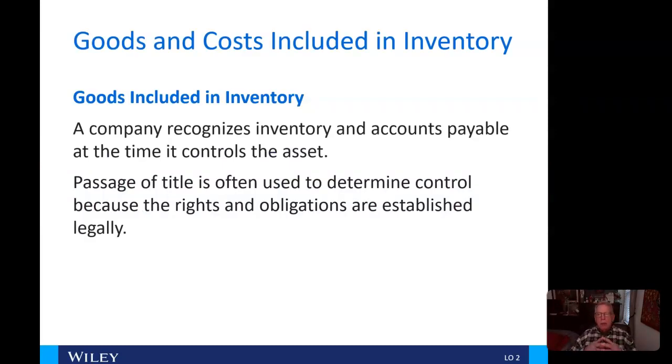Okay, let's determine the goods and costs included in inventory. What do we include in inventory? Of course, we're going to recognize inventory and accounts payable at the time it controls the assets. So passage of title is important in determining when you have control of that inventory because your rights and obligations are established legally.